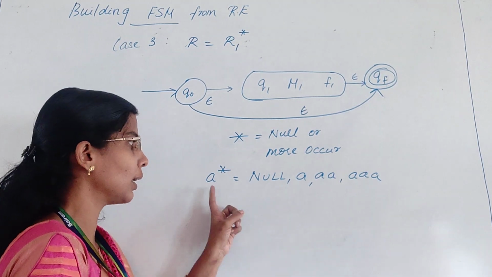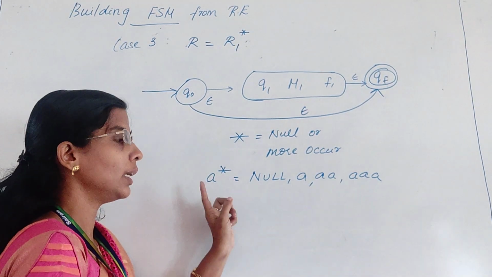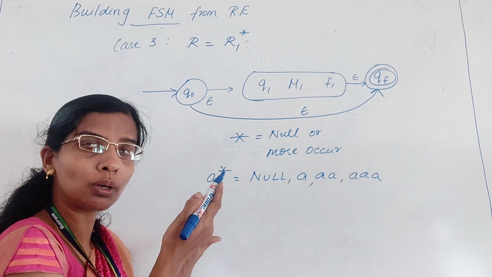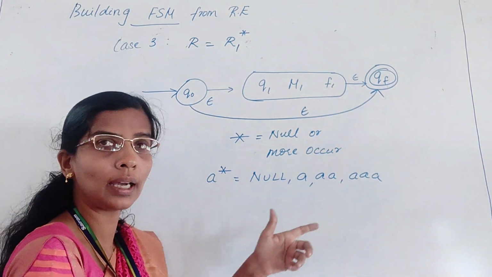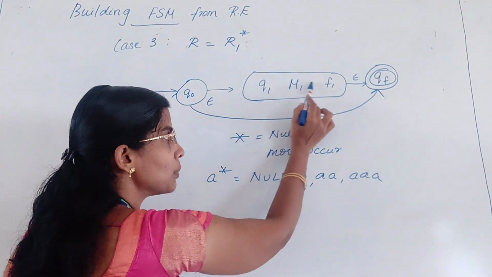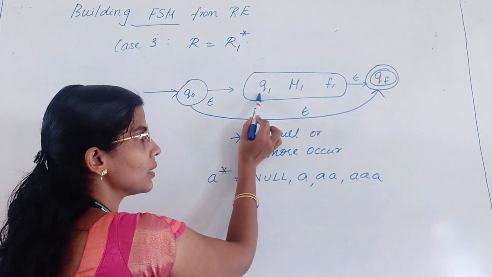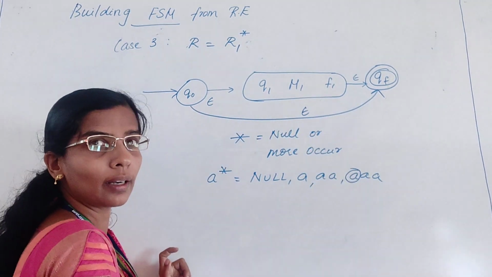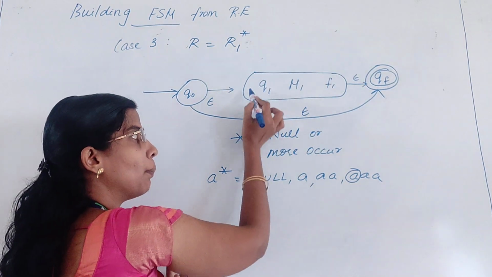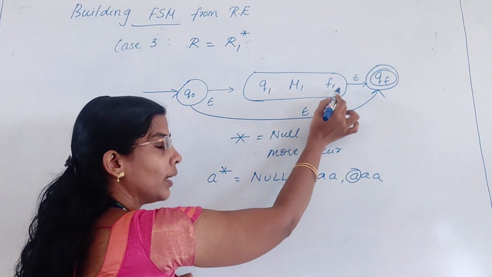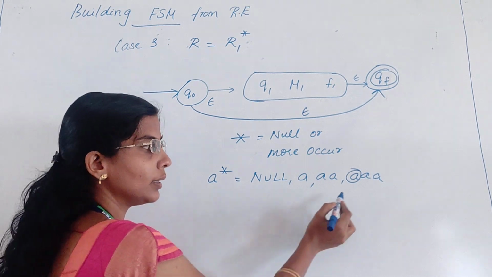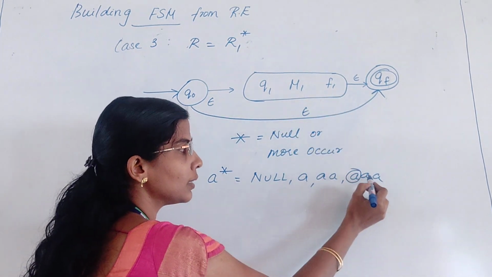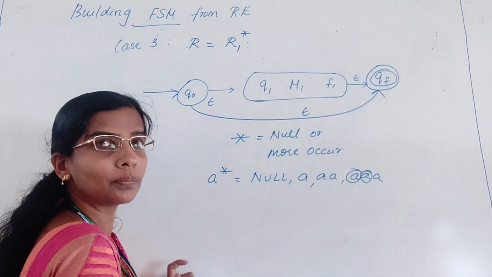As I said, if it is A star, it can generate more occurrence of A. Suppose I want 3 occurrences of A, 3 times this machine has to work from the start state. When it reaches the final state, the first A will be generated. Again it has to come back to the start state and generate the next occurrence of A. So in the second iteration, the second A will be generated.